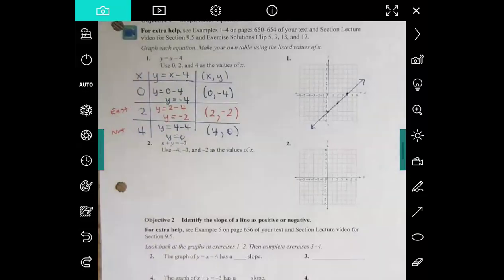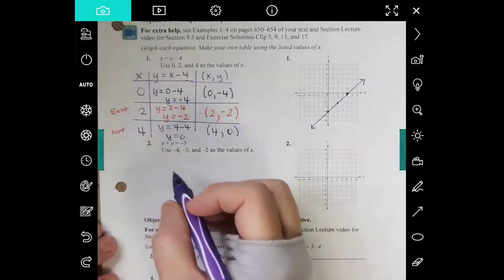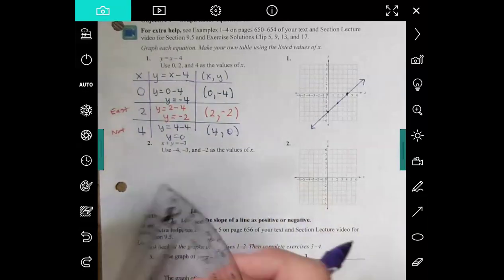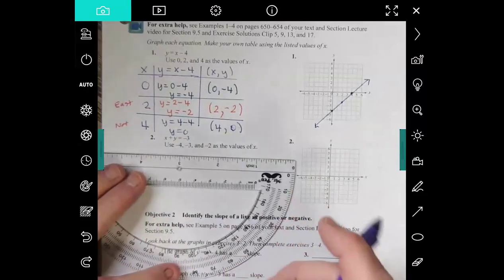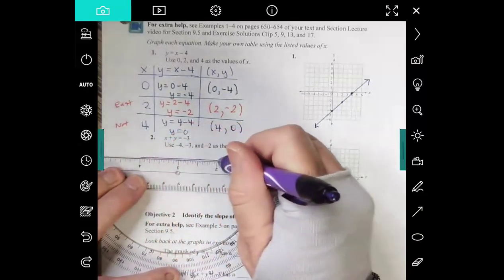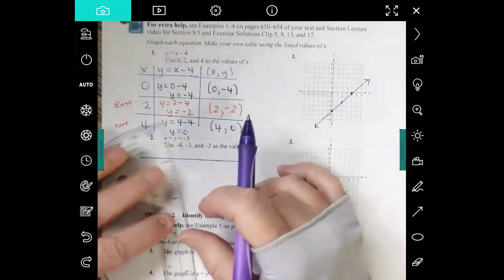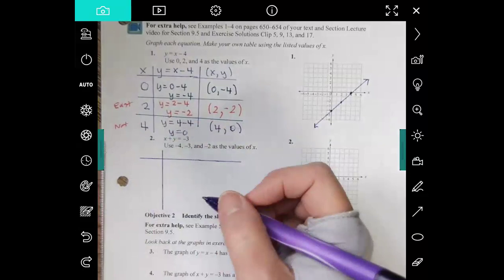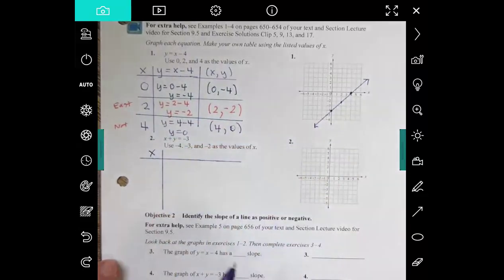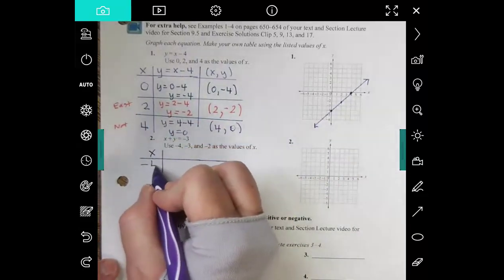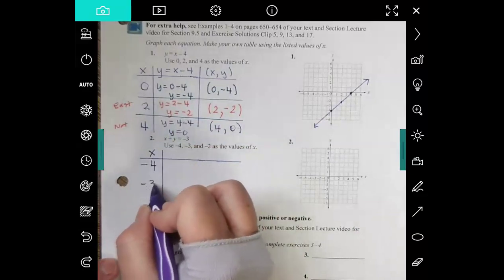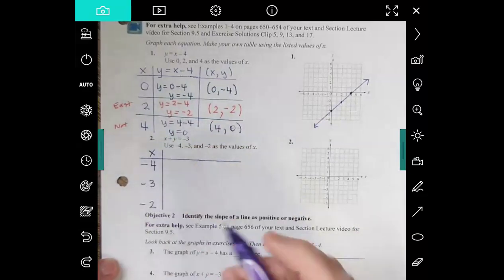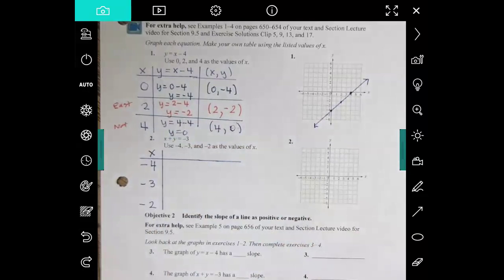Now this one's going to be a little different. Here they want us to use, okay, I'm going to make myself a little table here. X, and they want the x's to be -4, -3, and -2. But here's the deal, folks.